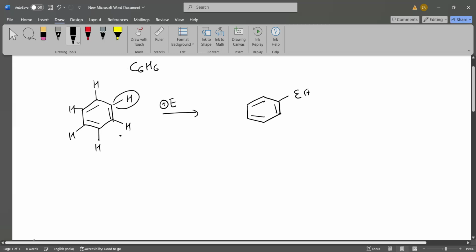Because it is an electron deficient species. This is a reagent, and I'm giving you a general example. This is completely general. The rest of the hydrogens would be as they are. Either I'll show or I won't show the hydrogen present there; you need to consider it. So the electrophile is an electron deficient species, correct?